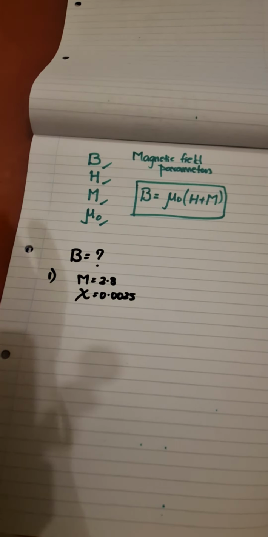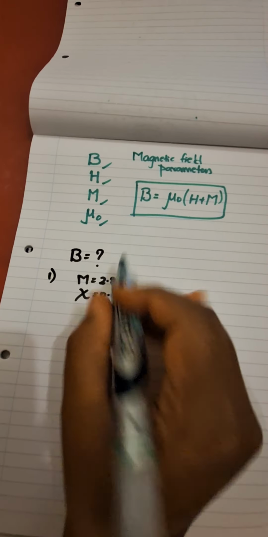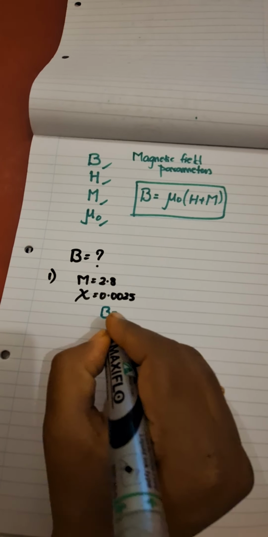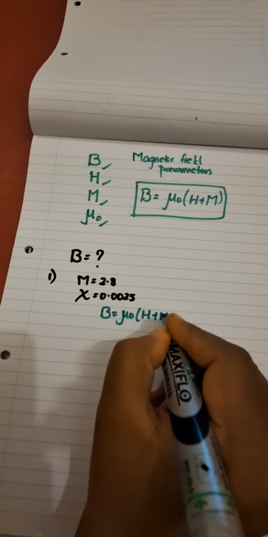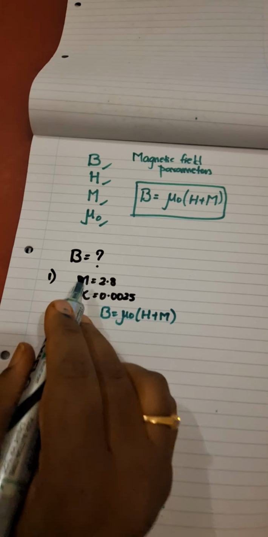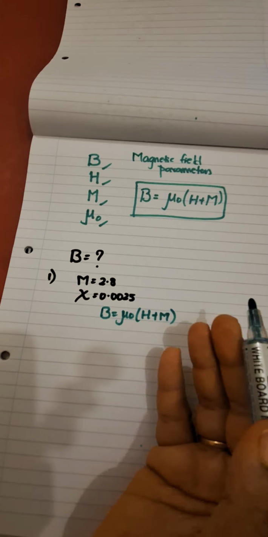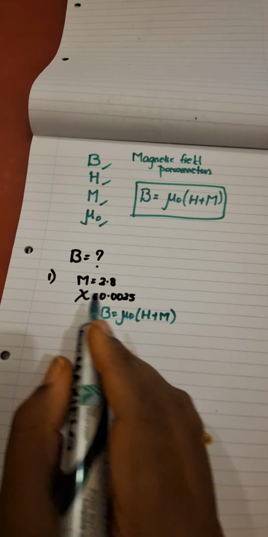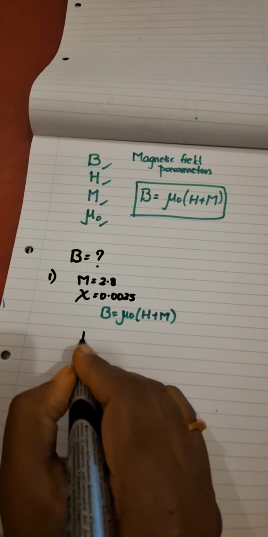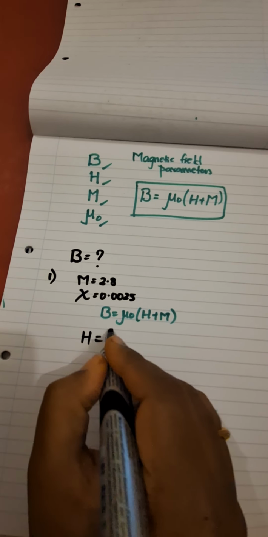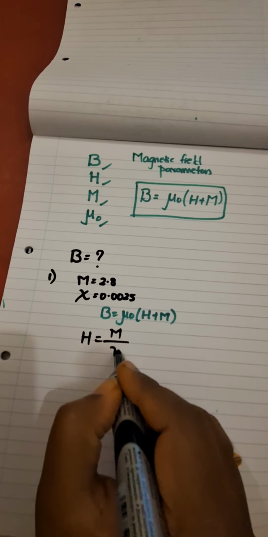So what is the formula we are having? Here itself the formula is there. We know that B is equal to mu naught into H plus M. M is given, mu naught is 4 pi into 10 power minus 7, we know that, but H we don't know. So to find H, we know the formula: H is equal to magnetization by susceptibility.